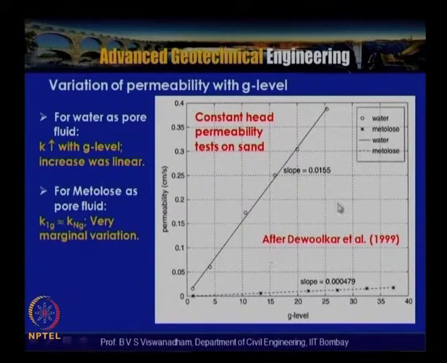So it can be seen that by replacing the conventional pore fluid with a model pore fluid having higher viscosity, that is, particularly here Metolose has been tried, the coefficient of permeability was found to have marginal variation.